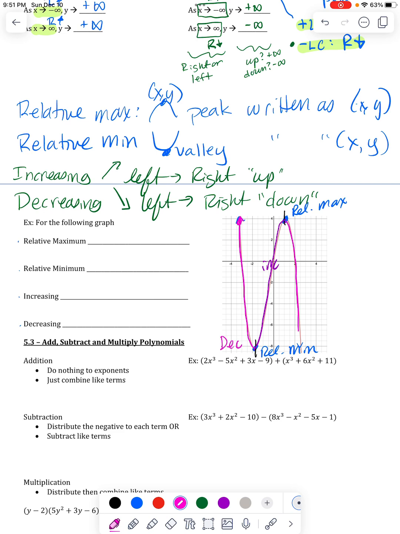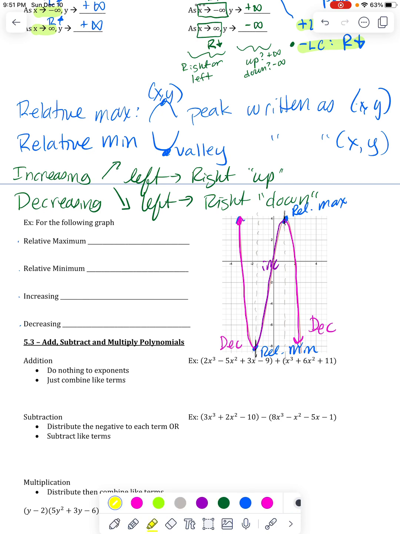Like on a roller coaster, you're increasing or decreasing, going up or down. And so from left to right, these are decreasing zones. And then if you think about this is where that minimum is, and this is where that maximum is, that splits it into the places where it's increasing and decreasing.